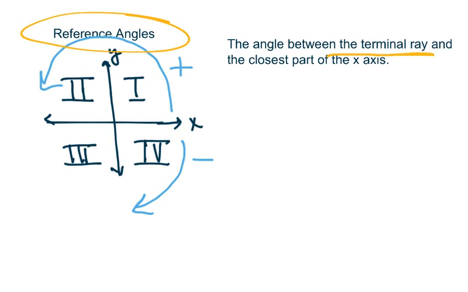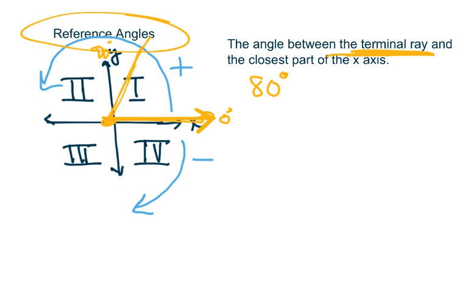As far as vocabulary goes, remember terminal ray: if I have an angle here where it starts at the origin, this is my initial side, then let's say for instance I have 80 degrees. This is 0 and this is 90.